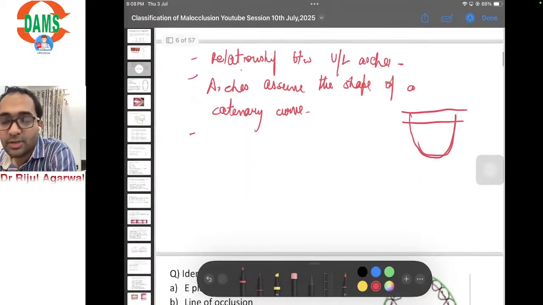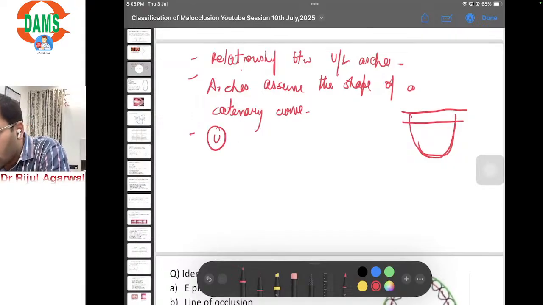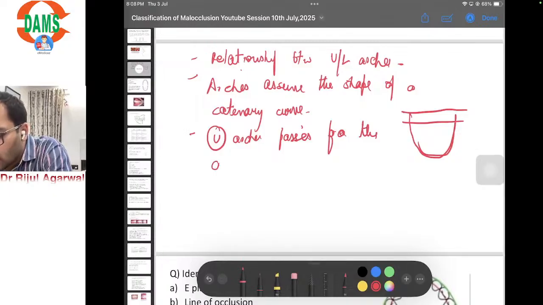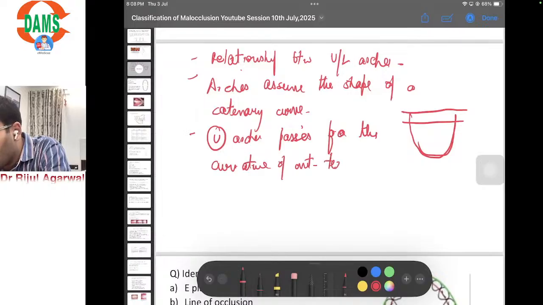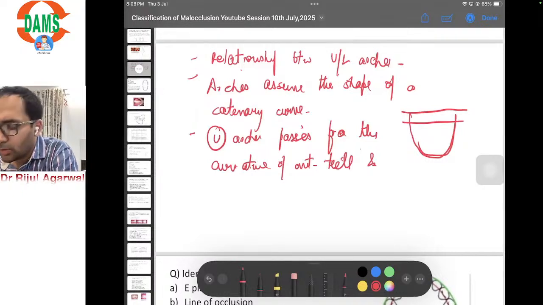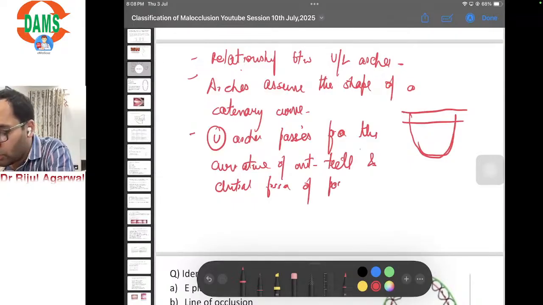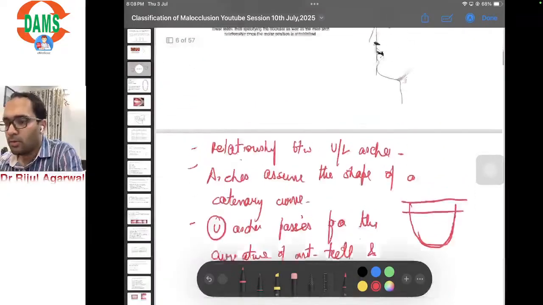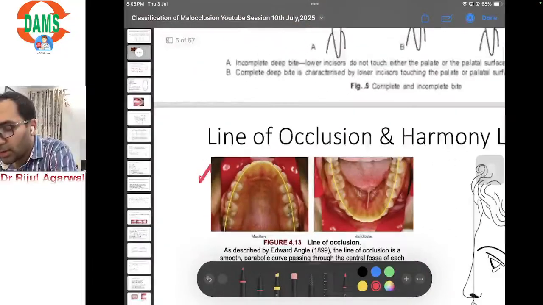According to this line of occlusion, in the upper arch, this line passes from the curvature of the anterior teeth, from the incisal edge, to the central fossa of the posterior teeth.